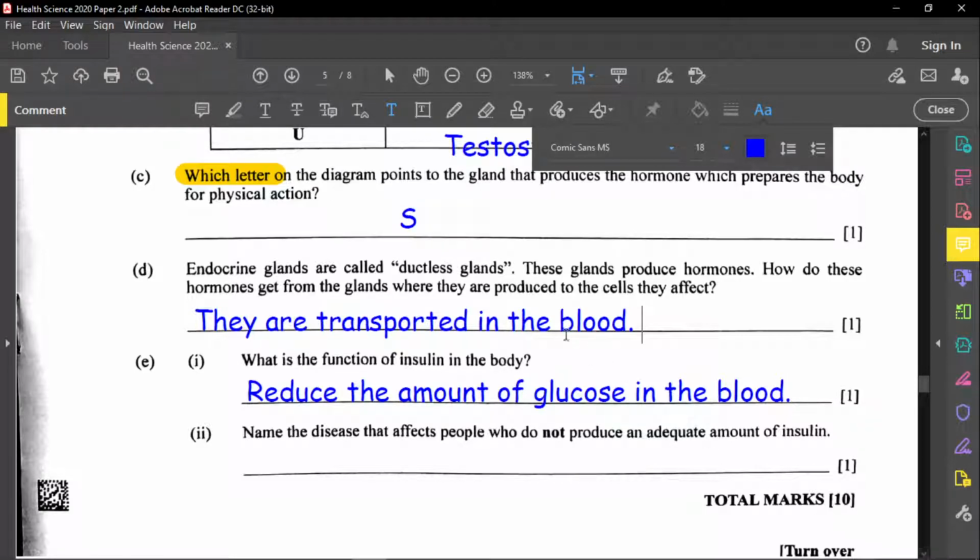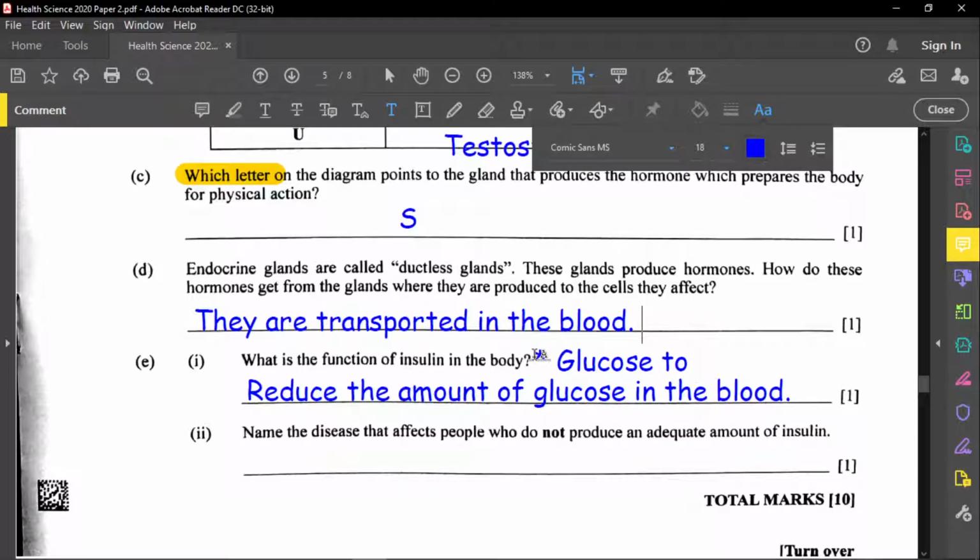I'm going to make a note right here for you. The exact way it controls or reduces glucose is to convert glucose into glycogen. A brief note for you to pay attention to: glucose into glycogen.